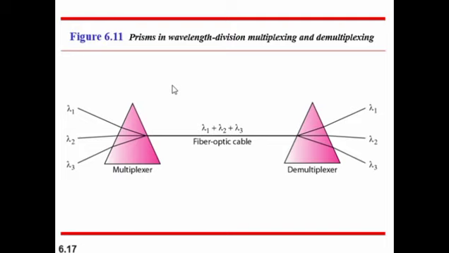Here we have different wavelengths of optical signals, and they are assembled into a single optical signal, and then after passing through the demultiplexer they are split into the individual wavelengths. So this was an example of how we make use of prisms in wavelength division multiplexing and demultiplexing.